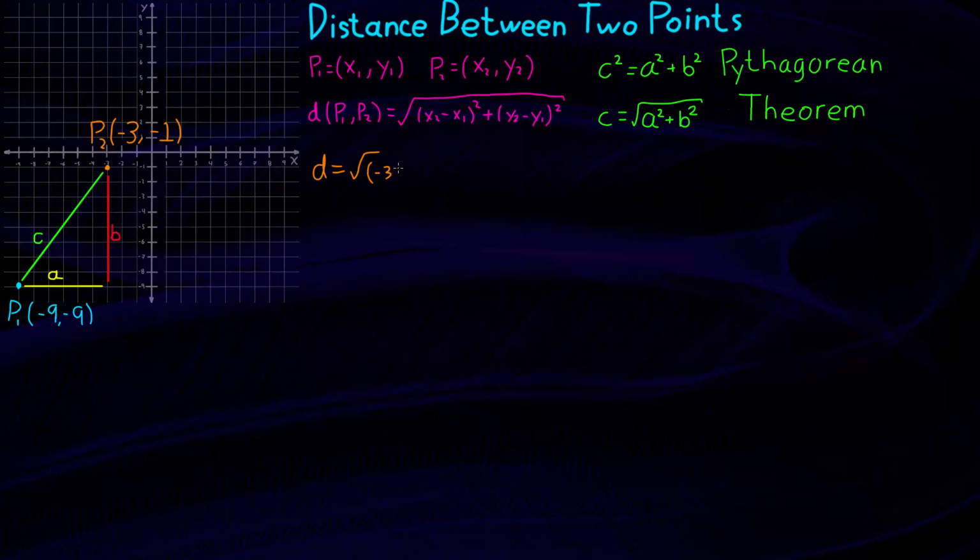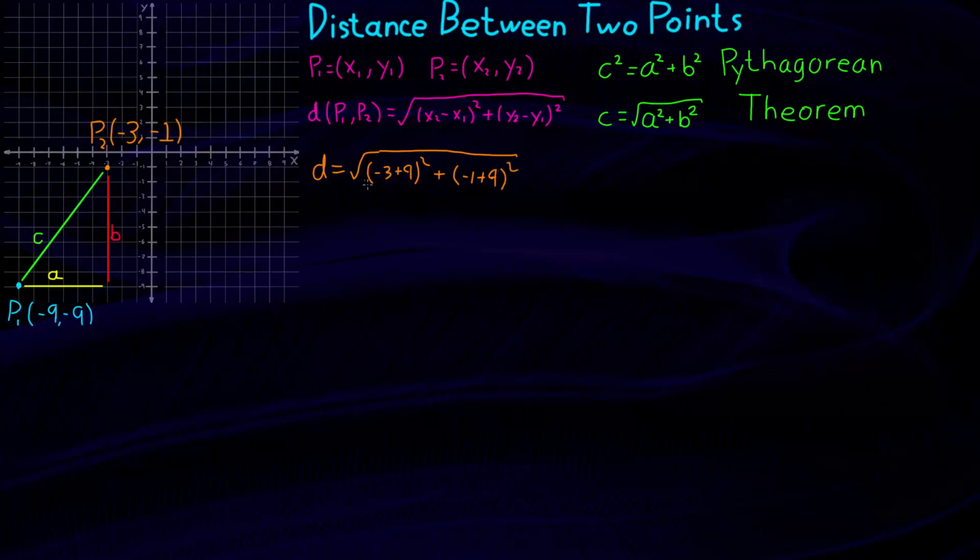Well, minus -9 is the same as +9, and we're squaring this, and then we're doing the same with the y values. So we're adding y2 minus y1. y2 is -1, and then minus y1. Minus y1, well, that's -9, so this becomes a +9, which is equivalent to minus -9.